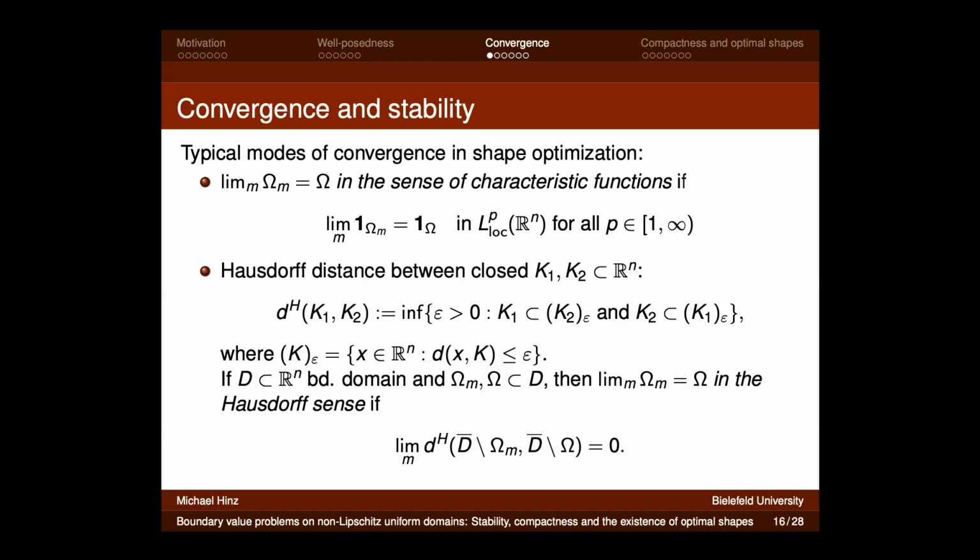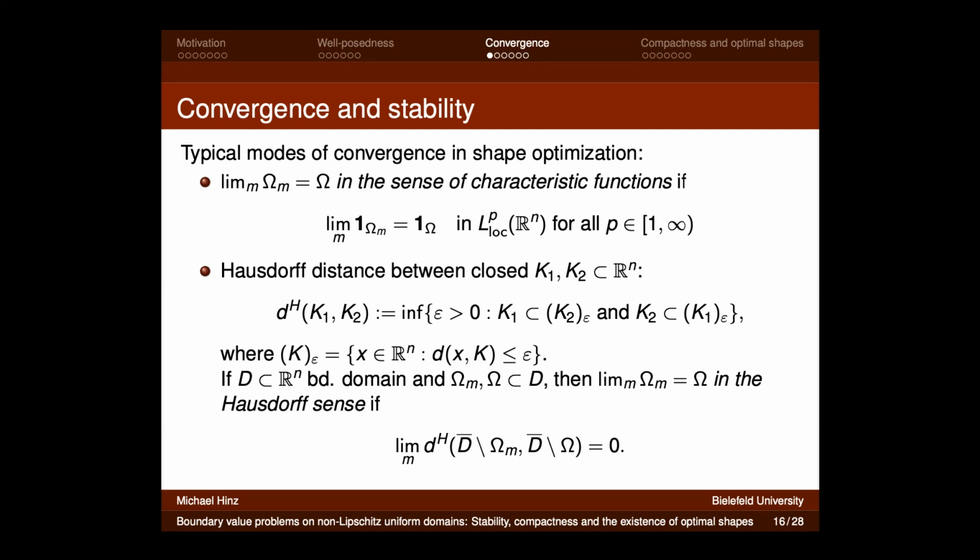First of all, let's look at two closed subsets of R^n, K1 and K2. The Hausdorff distance between these two sets is given by an infimum of epsilon greater than 0, so that K1 is contained in the epsilon parallel set of K2, and K2 is contained in the epsilon parallel set of K1. Maybe I make a picture.